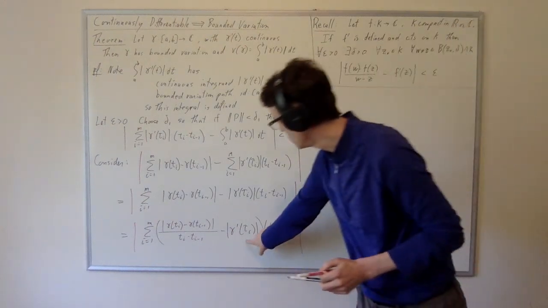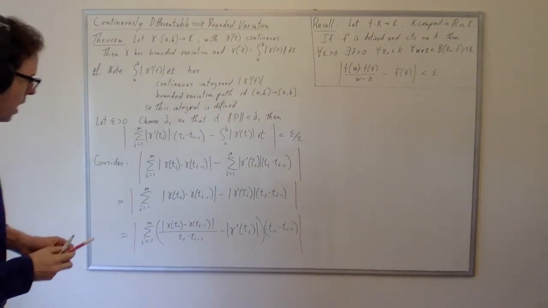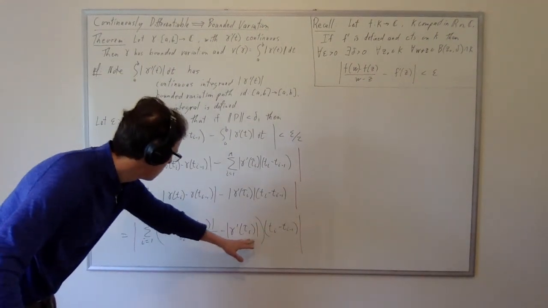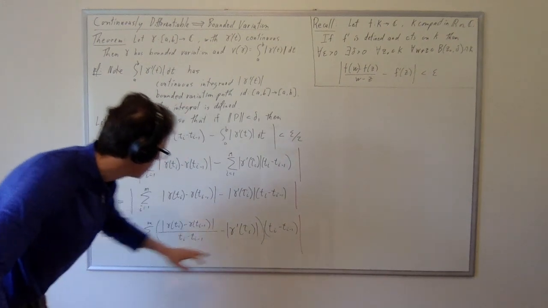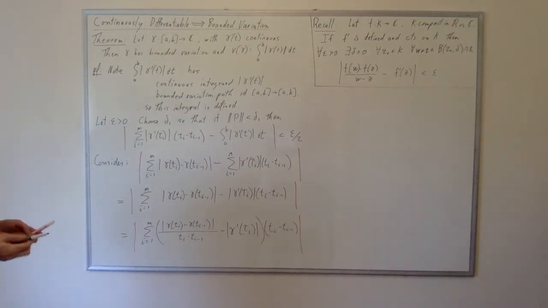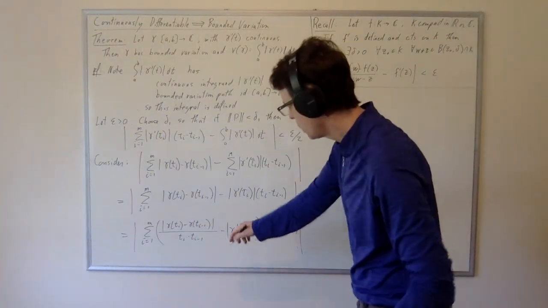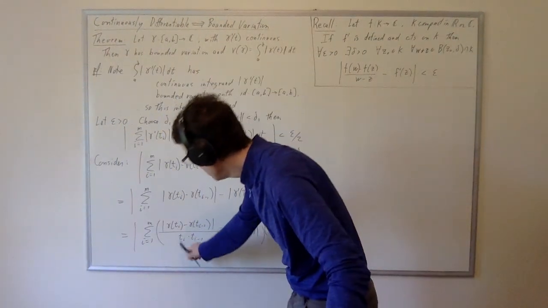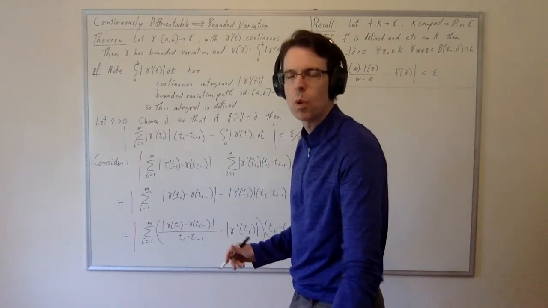Notice the similarity here between this and this. So now, however, we've got a bit of a problem with these absolute value signs, right? Notice these absolute value signs here and these absolute value signs here, and we've got a difference of absolute value signs. And so what I want to do is merge those. Now, notice here that t_i is always going to be greater than t_{i-1}.